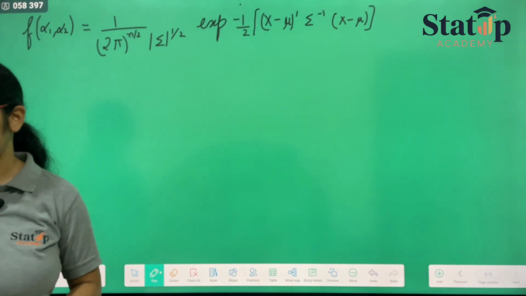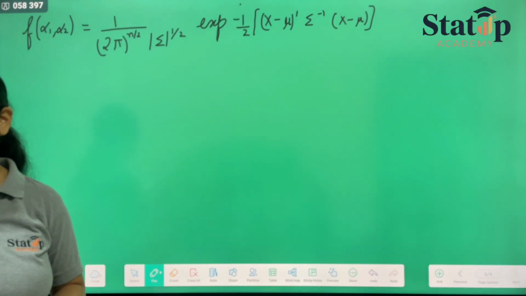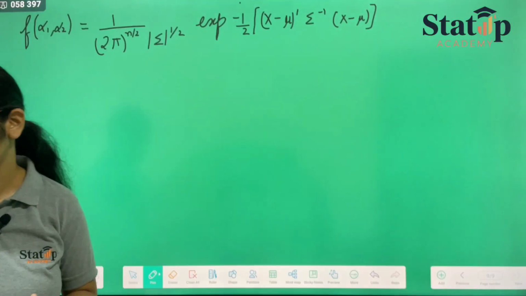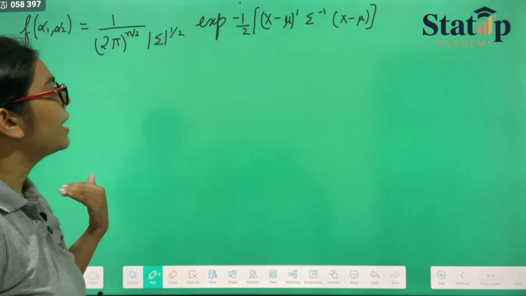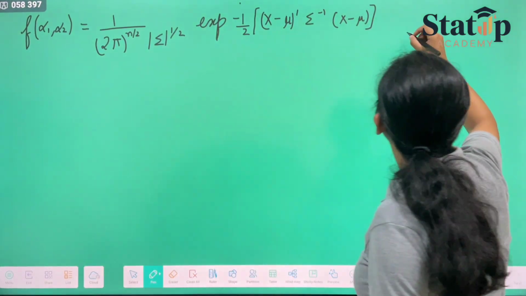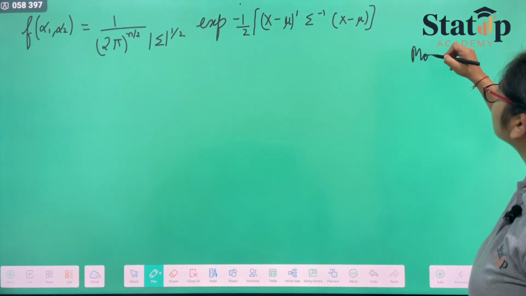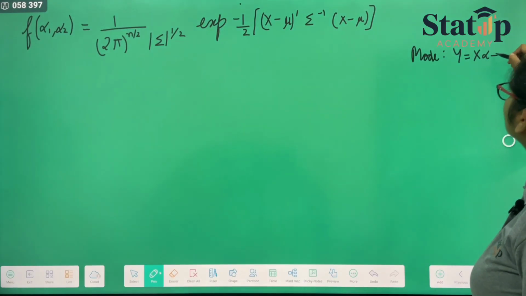And what are the x minus mu and x minus mu? We know that the model is y is equals to x alpha plus mu 1.